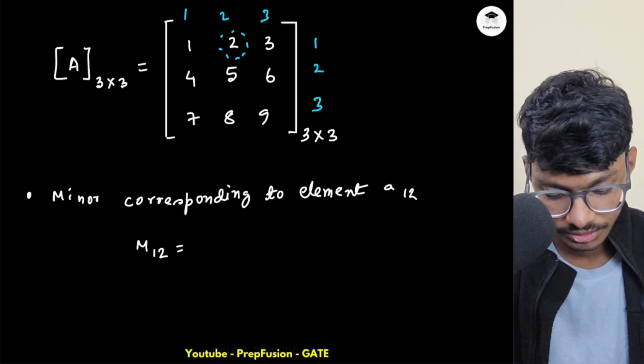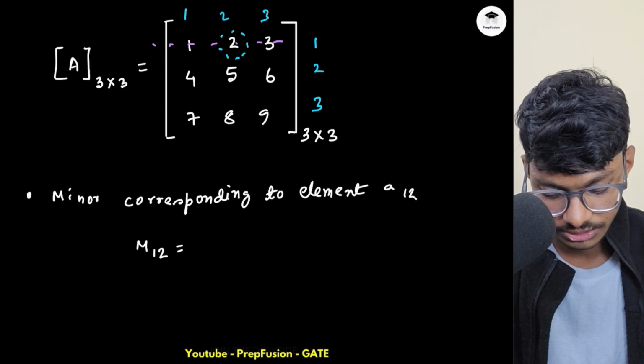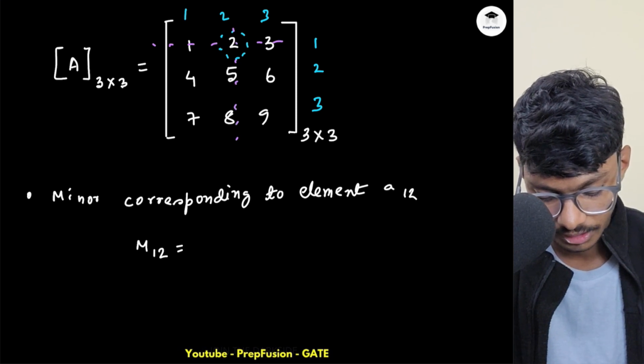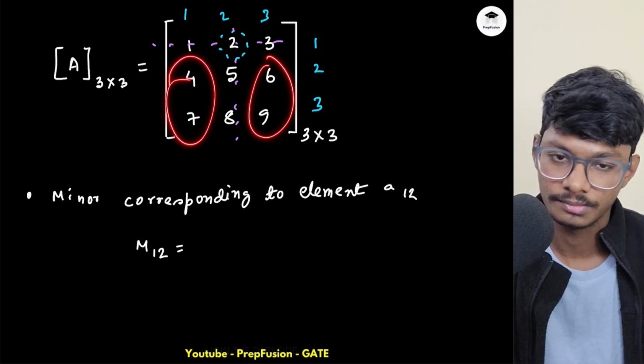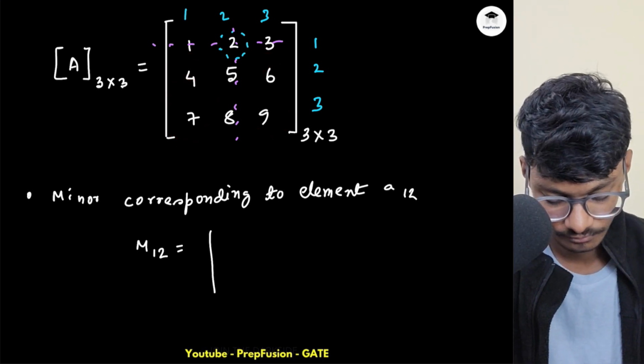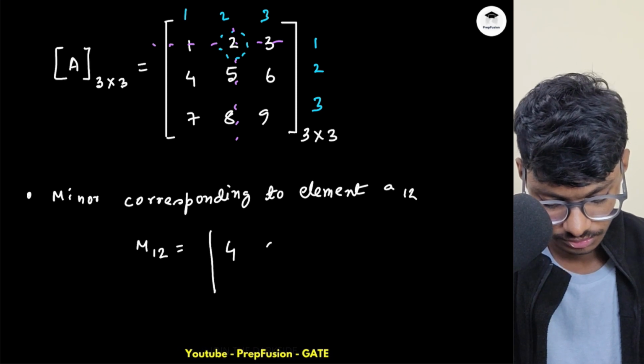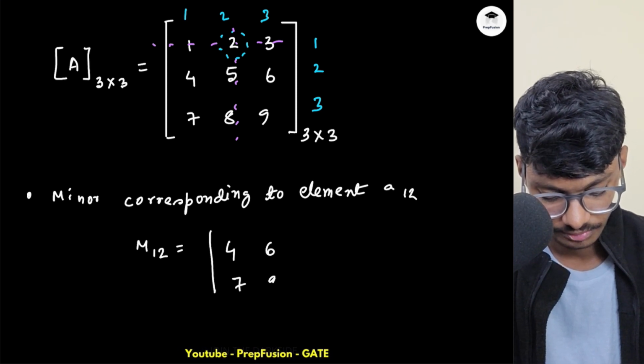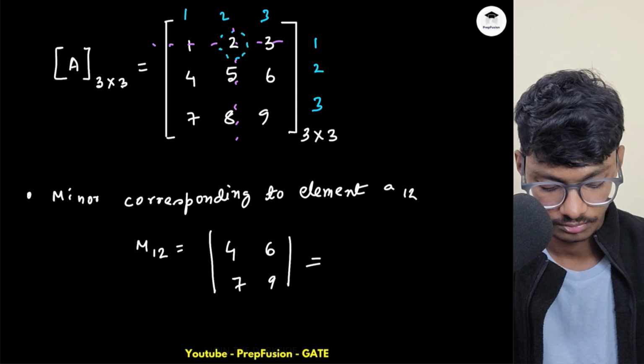So what we'll do, we'll just ignore the first row and the second column, and we'll take the other 4 elements as they are. So it will be simply 4 6 7 9. Basically it is a determinant of those 4 elements.